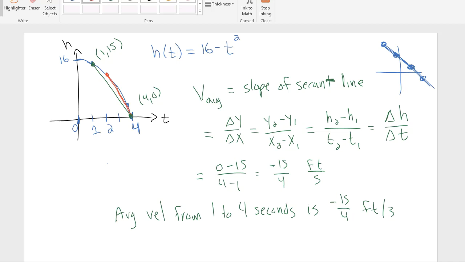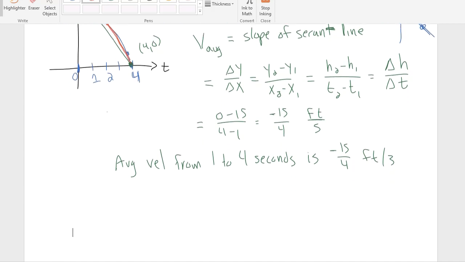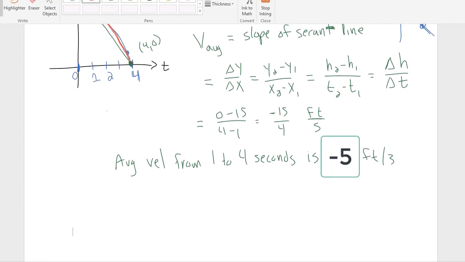I'm going to scroll down here to give myself a little room on my digital paper. Now we're going to find the average velocity from 2 to 4 seconds. And again, remember, that's really just the slope of our secant line.